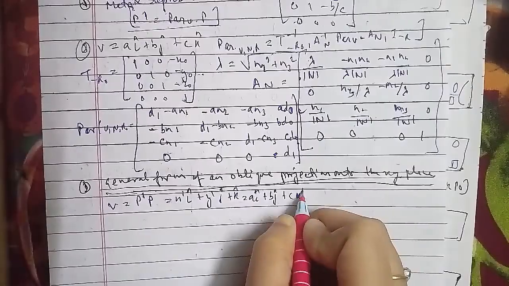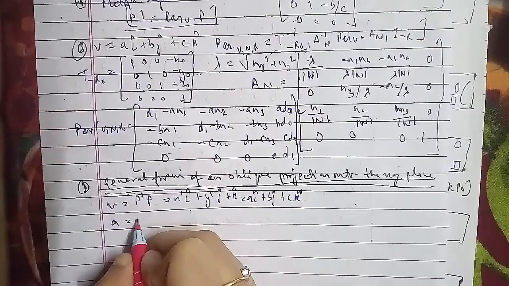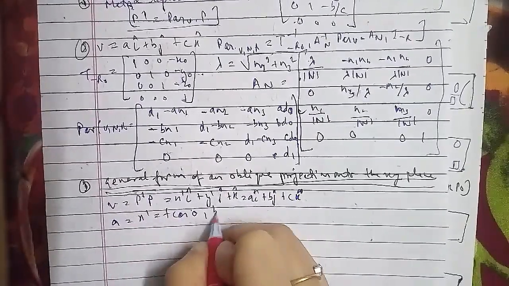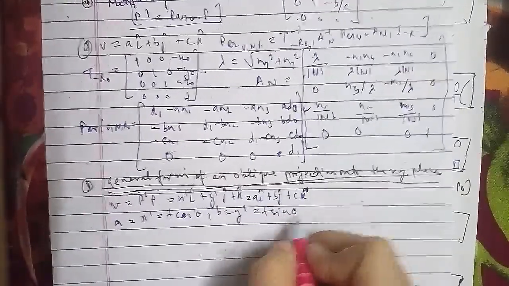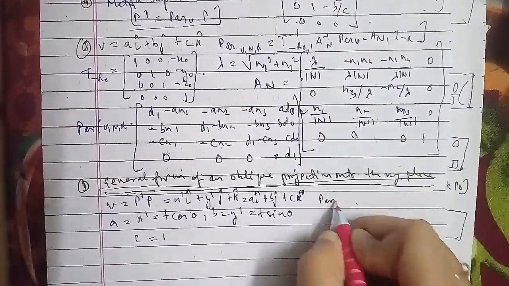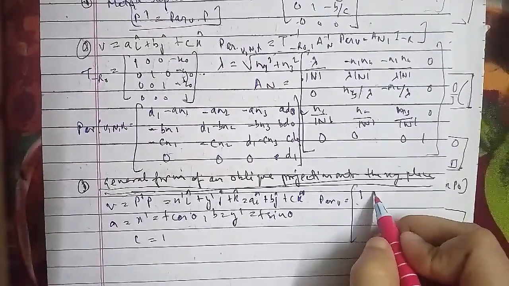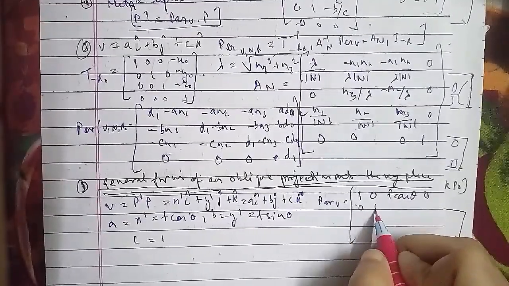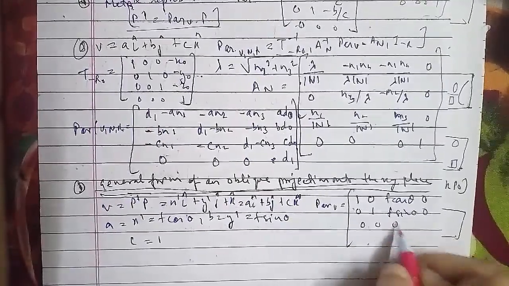So we have a equals x dash, which is f cos theta, b equals y dash, which is f sin theta, and c equals 1. So for the matrix Par v, we have: 1 0 f cos theta 0, 0 1 f sin theta 0, 0 0 0 0, and 0 0 0 1.